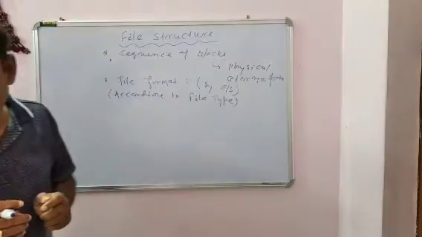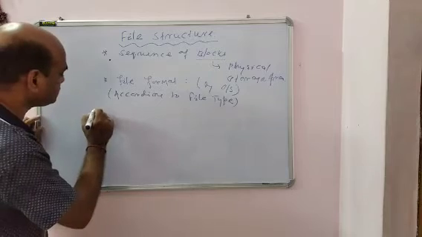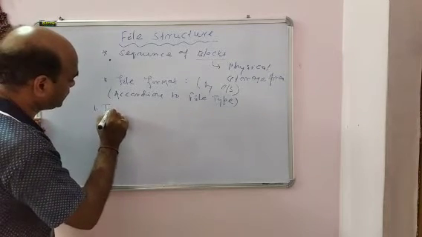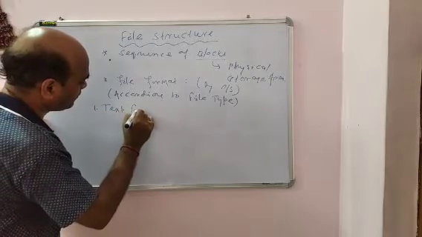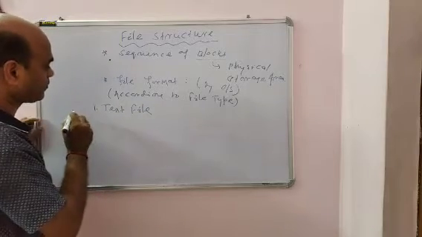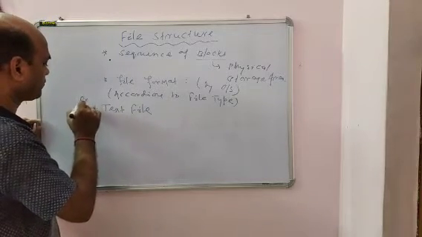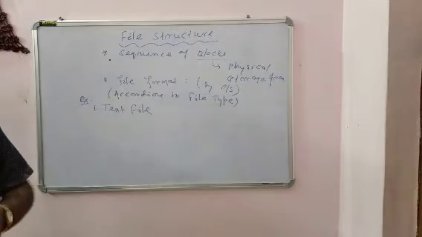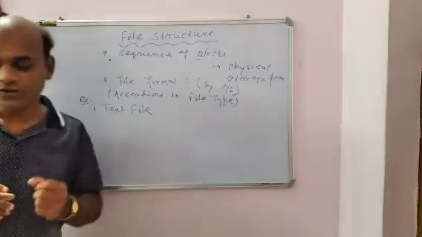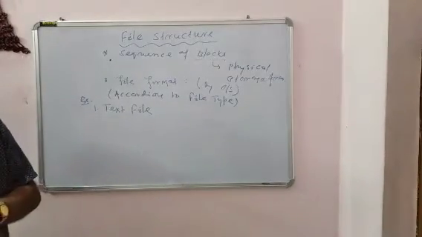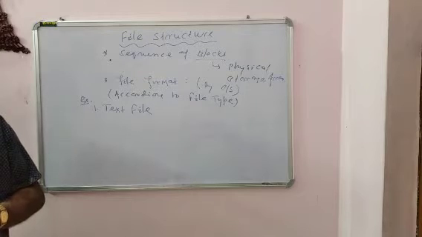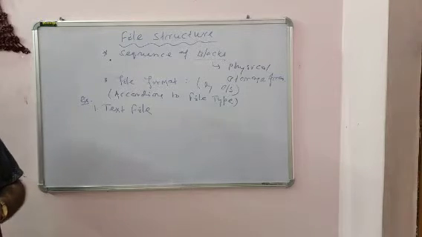For example, a text file. A text file is a sequence of characters organized into lines.